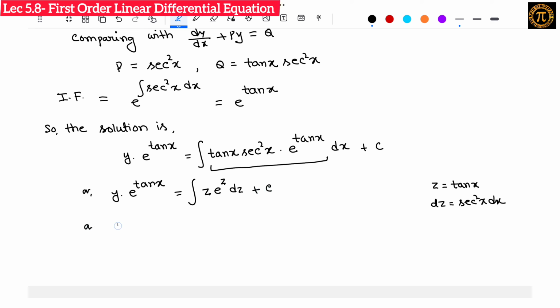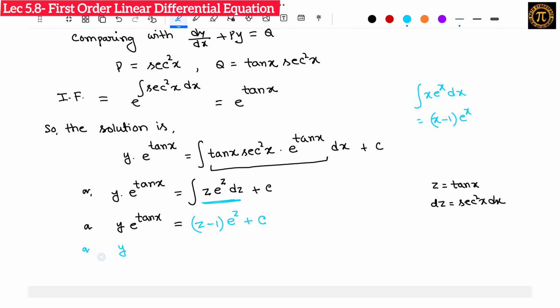Now you have a formula that integration of x e to the power x dx equals x minus 1 times e to the power x. Here you have z e to the power z, so you can write z minus 1 times e to the power z plus c. Yes or no? Now put the value of z.